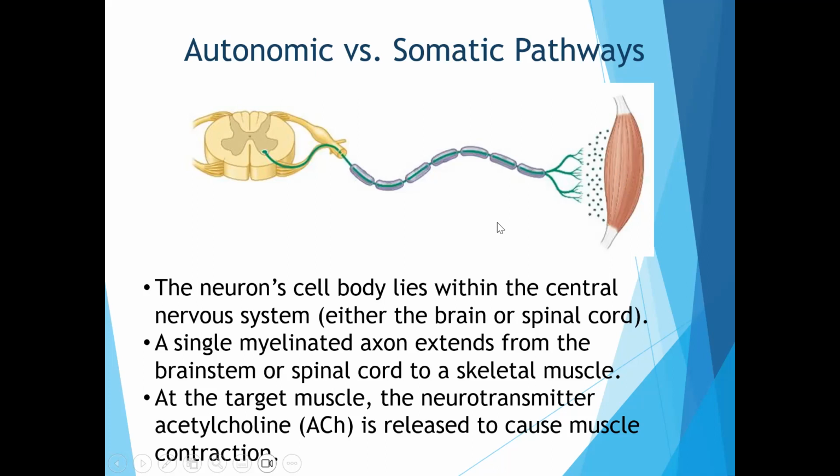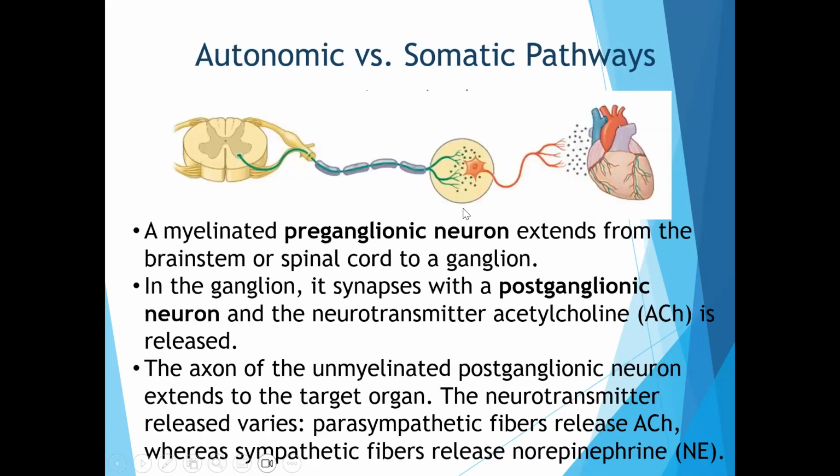The autonomic pathway is a bit different. So this is the autonomic pathway. So in this case, we still kind of exit through that spinal nerve. We have a myelinated preganglionic neuron, which is going to extend either from the brainstem or the spinal cord. And then in the ganglion, it's going to reach a postganglionic neuron. And so we have these cell bodies near the organ.